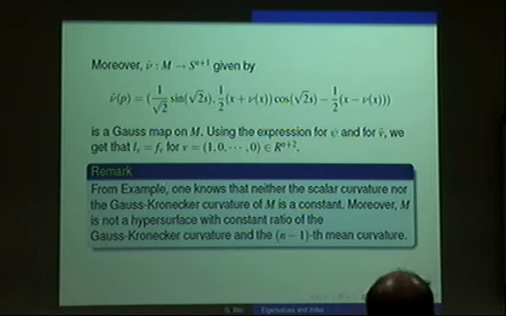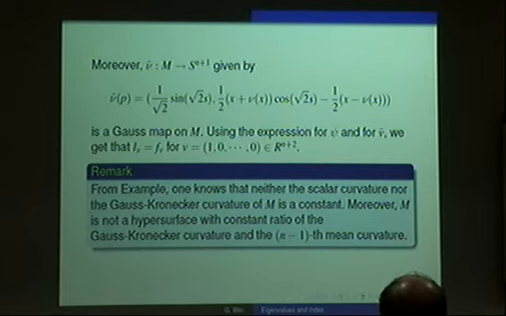So from this example, we know that there exist non-trivial examples satisfying RV equal to lambda FV, and M isn't a trivial example.